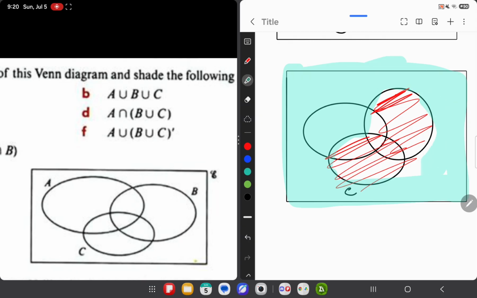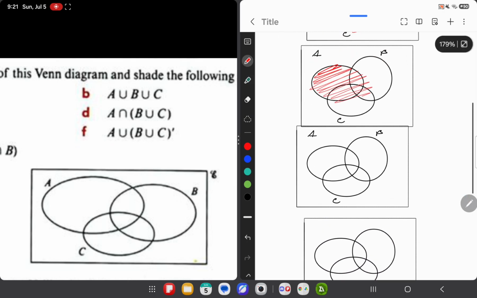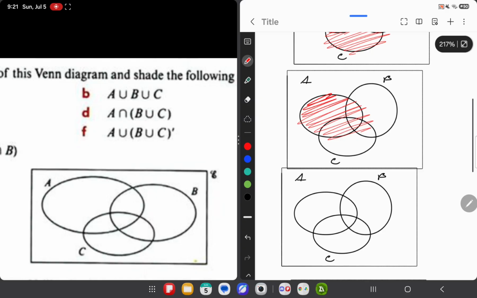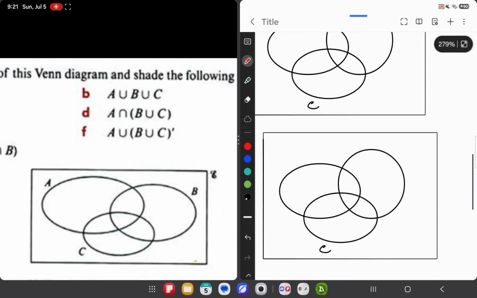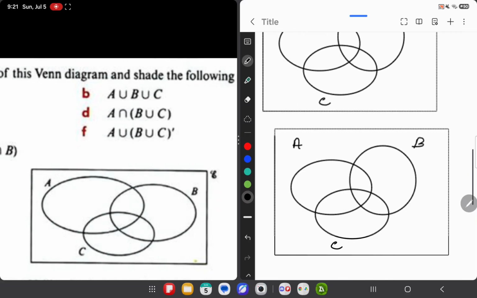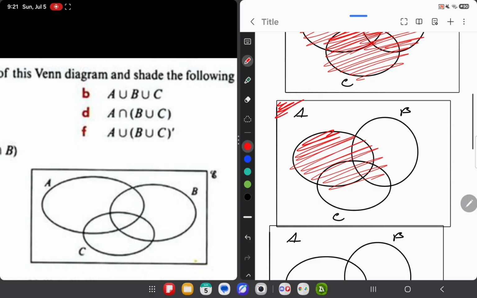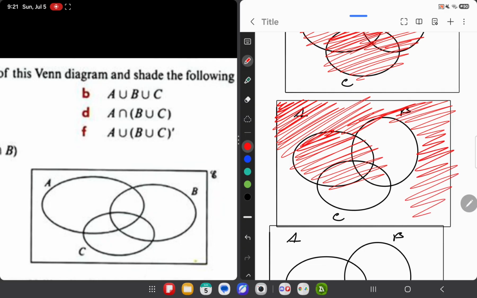We are not touching these B and C circles. We are only touching the areas outside this expression B union C. So when it says B union C, we shade this expression here. So union B prime A, so we shade this outside region.